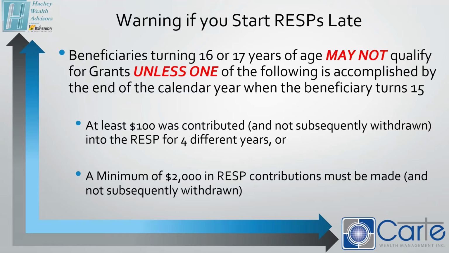Or you had made $2,000 of overall contributions into your child's RESP, and you did not withdraw the money. Those are the two conditions. When your child is turning 16 or 17 years of age in those calendar years, you will receive grant monies if either one of those two conditions is true. Okay, really important to know that.